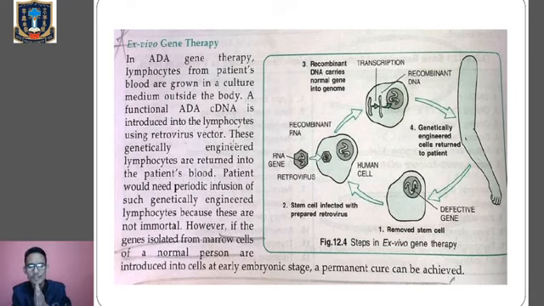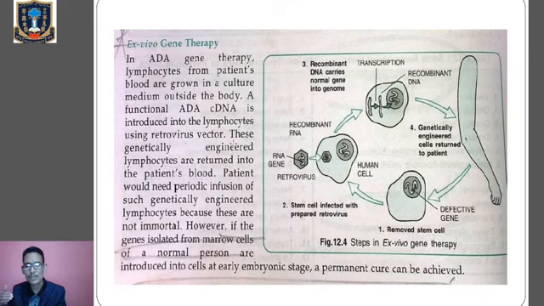Clear? Now, these genetically engineered lymphocytes are returned back into the patient's blood, and the patient needs periodic infusion of such genetically engineered lymphocytes because lymphocytes are not immortal. So what we are doing in gene therapy for the ADA treatment, we are taking out the lymphocytes from the patient's blood and culturing them outside the body.